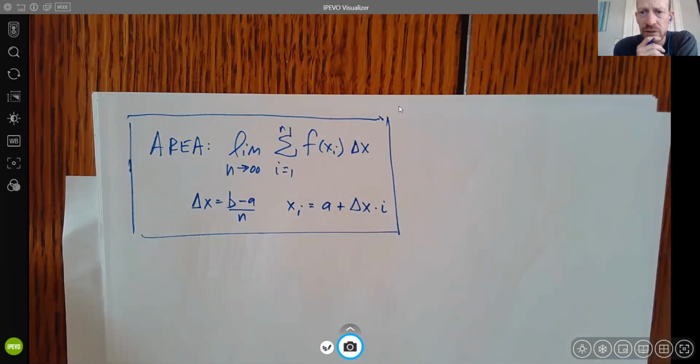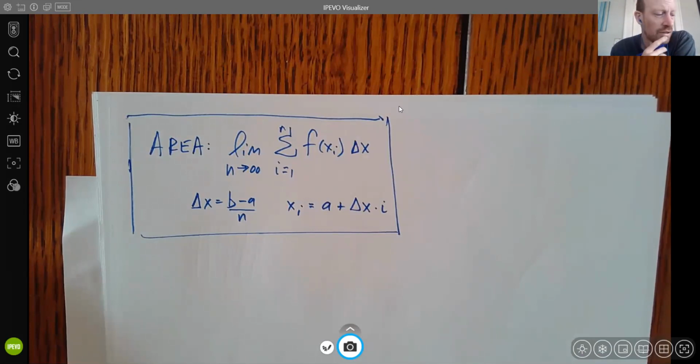So this is kind of heavy notation, right? This limit and sigma and x sub i and delta x and all this stuff. But it is a way of communicating our idea efficiently and in a way that we're going to be able to work with mathematically.